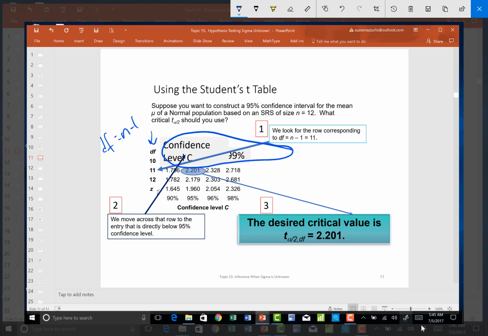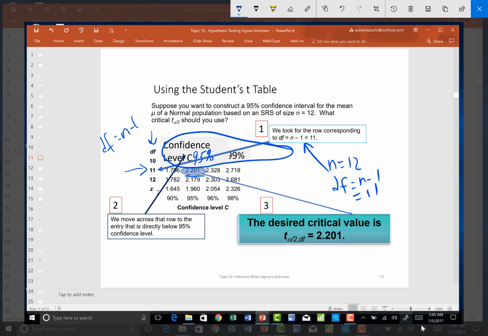Let's say that our sample size was 12. If our sample size was 12, our degree of freedom is 11. So we go to 11, and then we look for the proper confidence level to find the critical value. For a 95% confidence level, this column right here would be your 95% confidence level. That's the critical value that goes with a 95% confidence level.